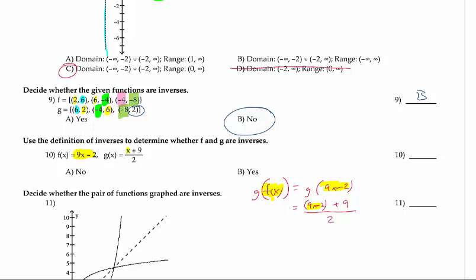And you can work this however you want, but you are not going to get x all by itself out. Therefore, they are not inverses of each other. Answer choice is A.